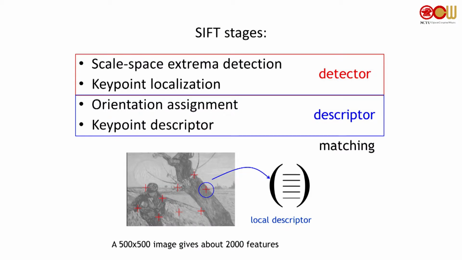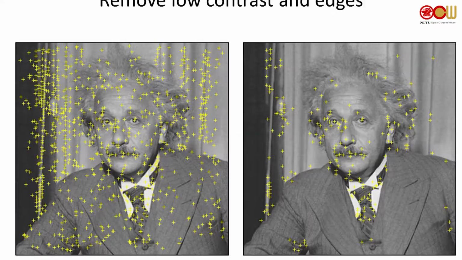Essentially, there are a few stages. First, scale space extrema detection. Second, key point localization. Third, orientation assignment. And finally, the key point descriptor. Today we will focus a little bit on the descriptor.